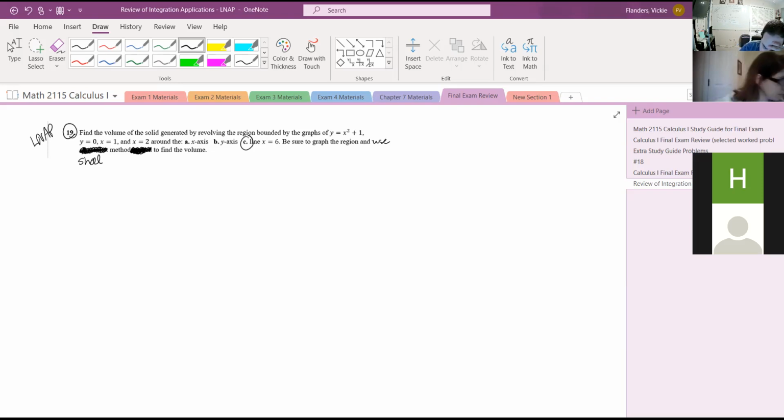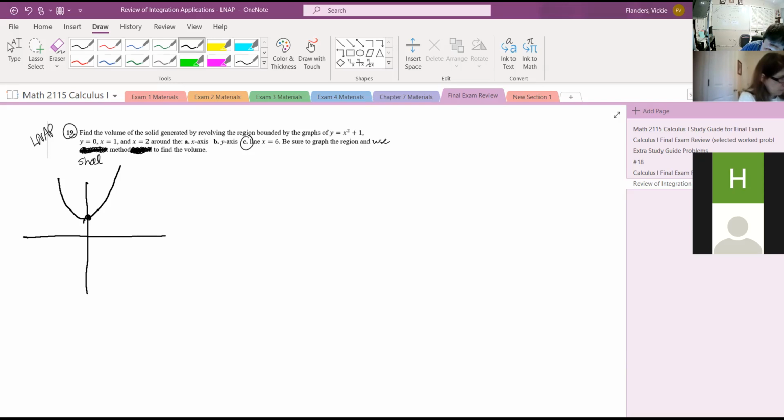So I'm going to start by graphing the function, of course. The y equals x squared plus 1 being the parabola that goes through the point at 1 here on the y-axis. And of course, other than that, just being the normal y equals x squared parabola.